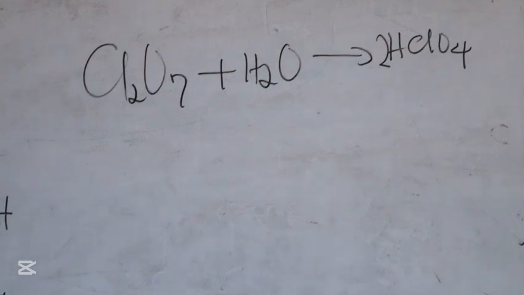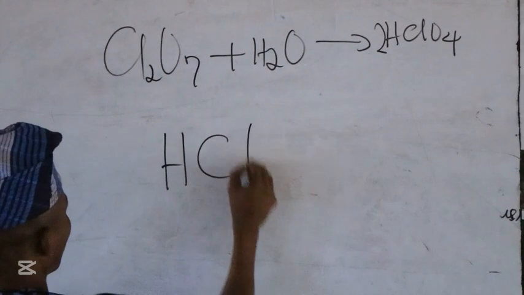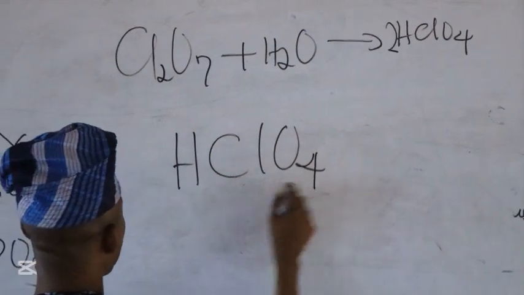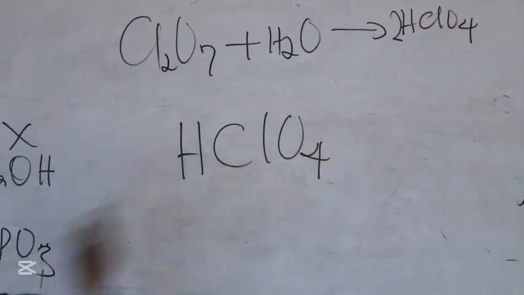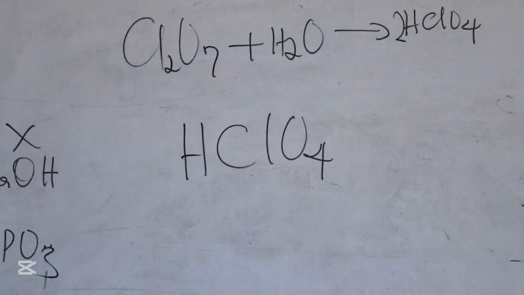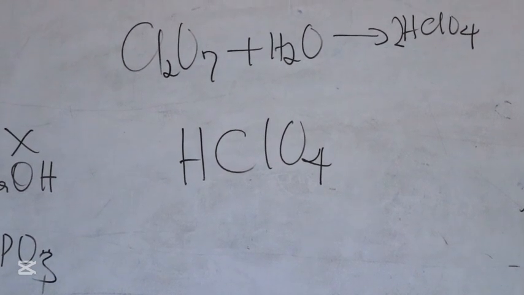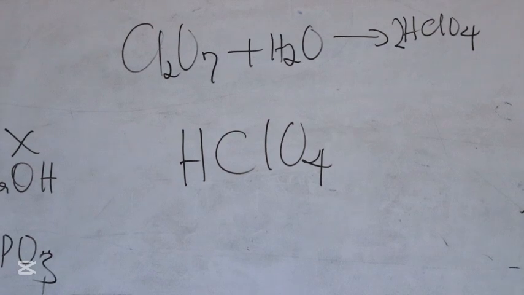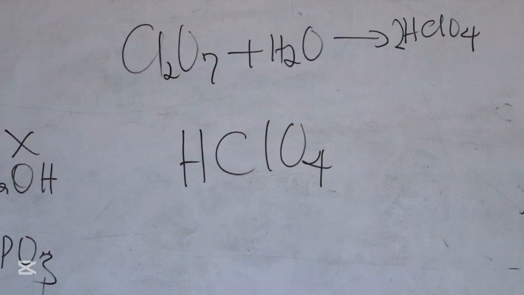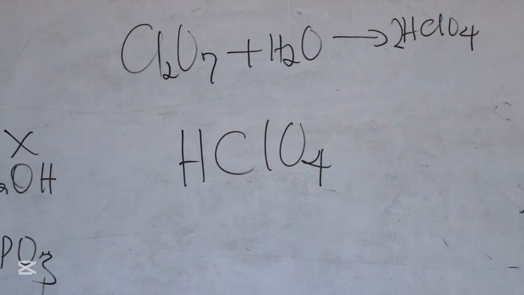This is the product formed. Is it not? What is the oxidation number of chlorine in this compound? What is the oxidation number of chlorine in the compound? It is what? Plus 7.